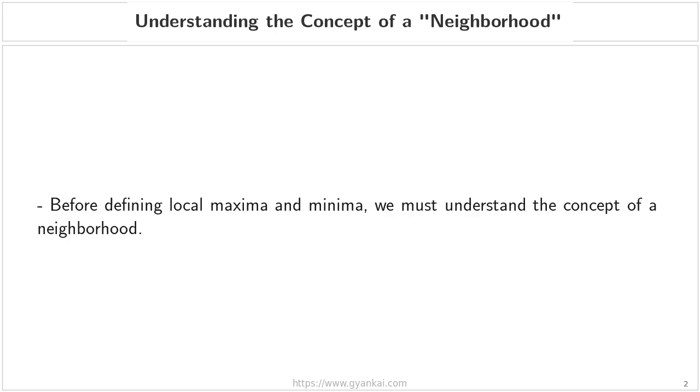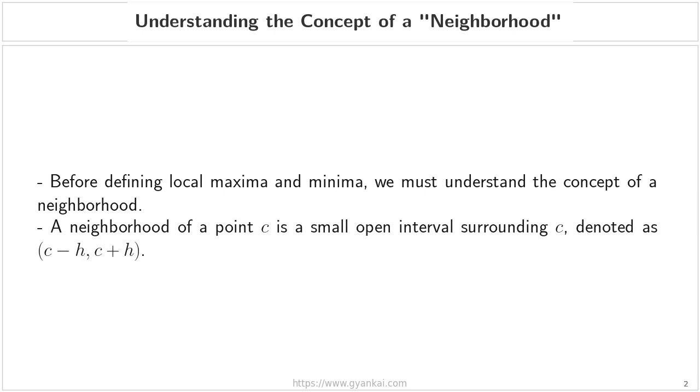Understanding the concept of a neighborhood. Now that we have introduced the idea of local extrema, we need a precise way to define them. Before we move on to the formal definitions of local maxima and minima, we must first understand a fundamental concept called a neighborhood. In mathematical terms, a neighborhood of a point, which we will call point C, is simply a small open interval that surrounds that point.